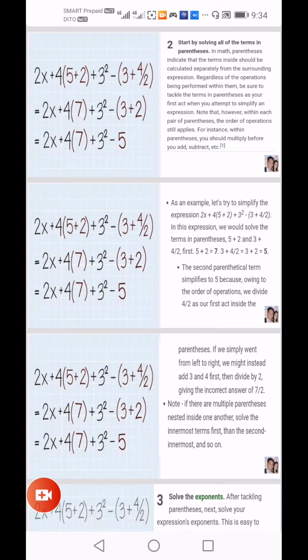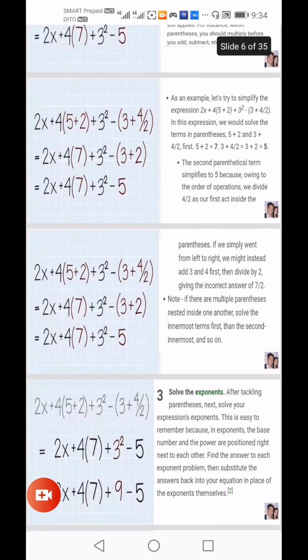The second parenthetical term simplifies to 5 because, owing to the order of operations, we divide 4 over 2 as our first act inside the parentheses.